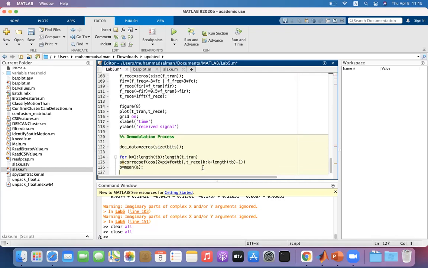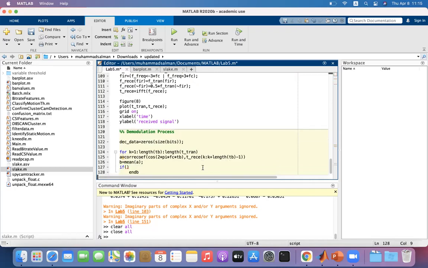And then I should put a condition here. If b is greater than or equal to 0.5, or simply if b is greater than 0.5. This should be end.